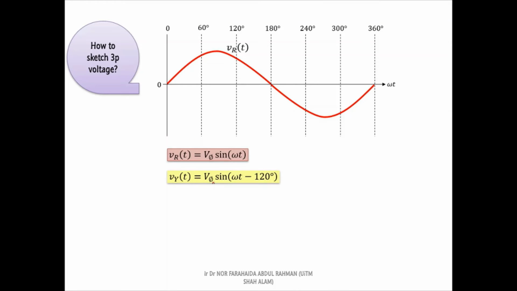Based on this equation, we can see that the yellow voltage is lagging the red voltage by 120 degrees. Therefore, the starting point of this voltage should be at omega t equal to 120 degrees.